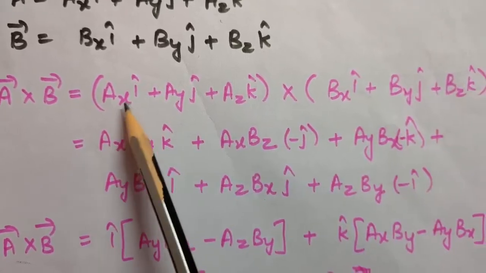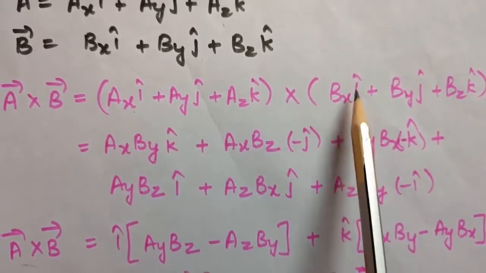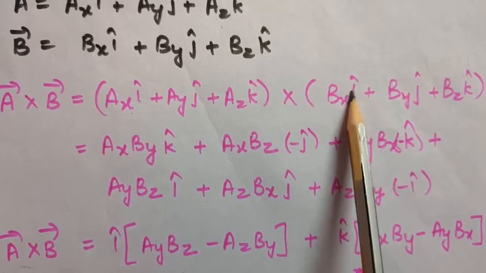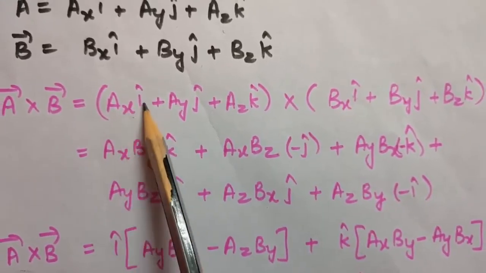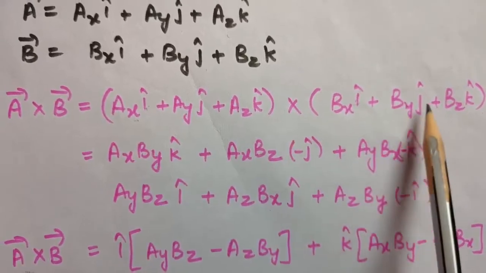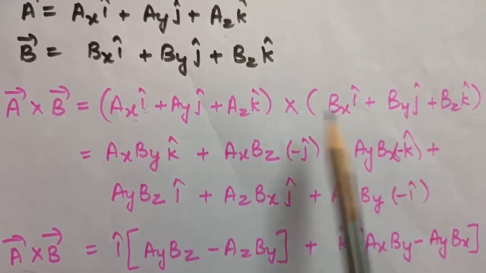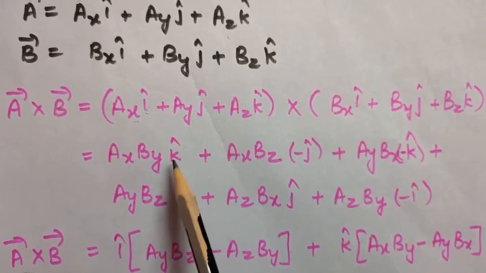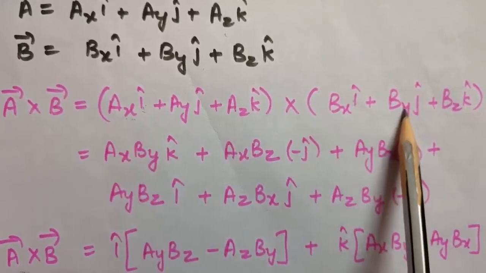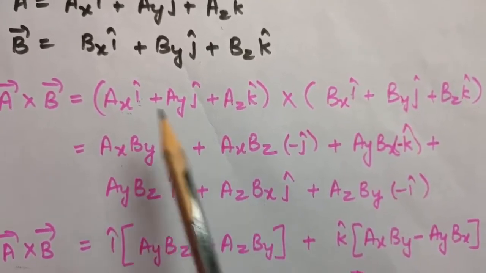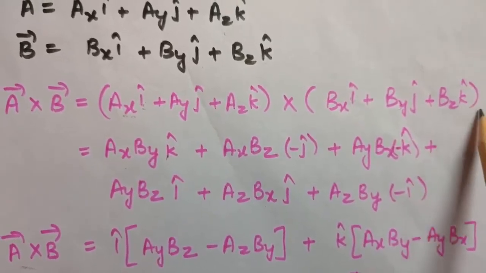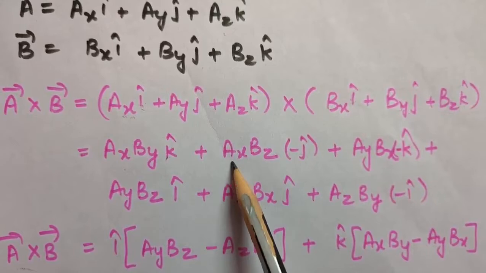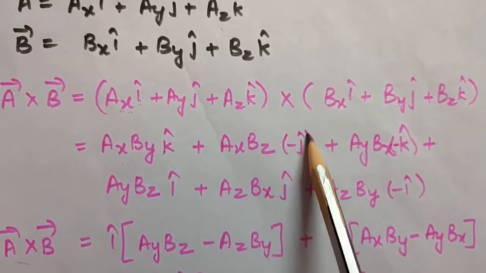Okay, so when you multiply this by this, I cross I is 0, so the answer for this will be 0. Now ax I cap cross by j cap, so I cross j is k cap, as I told you earlier, so the answer will be ax by k cap. Now for ax I cap cross bz k cap, again I cross k is minus j, so the answer will be ax bz minus j cap.